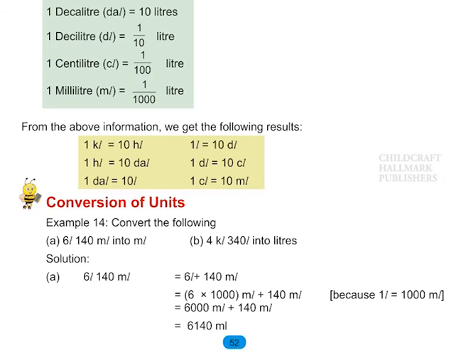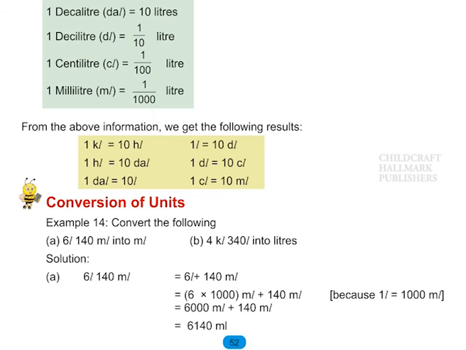Conversion of units. Example 14. Convert the following: 6 liter 140 milliliter into milliliter, and 4 kiloliter 340 liter into liters.